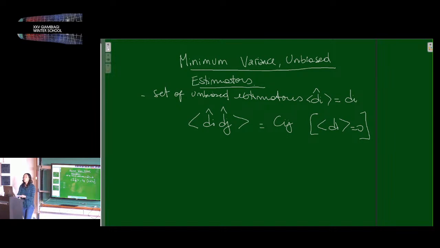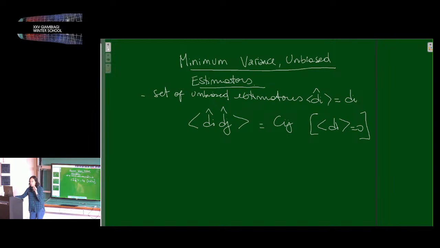Now, what you want to do is to find the best possible estimator, linear combination of these estimators. What's the best possible? In cosmology, the best possible linear combination of these estimators means the estimator that has the least amount of noise. That's minimum variance.